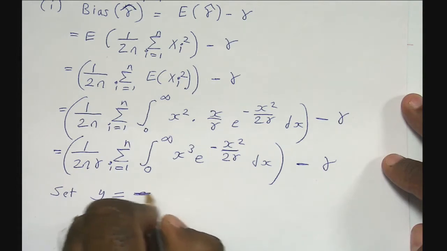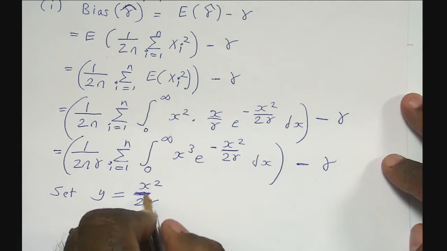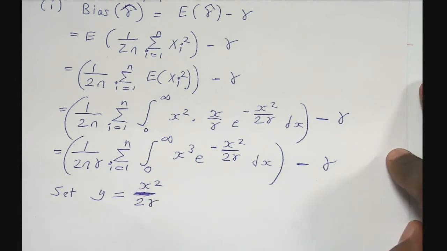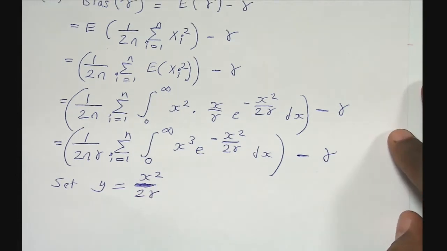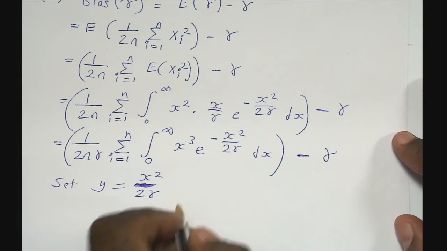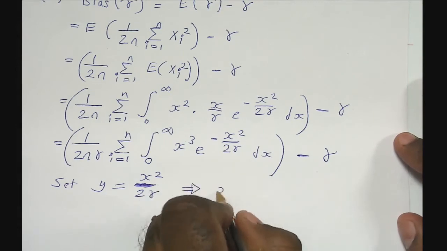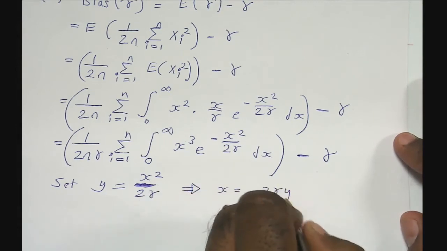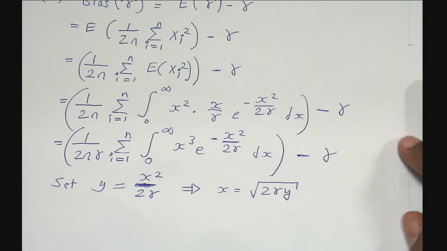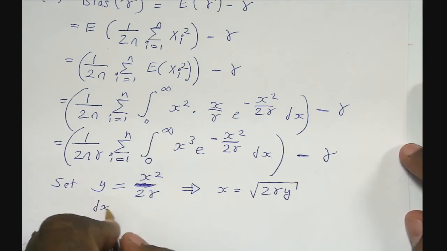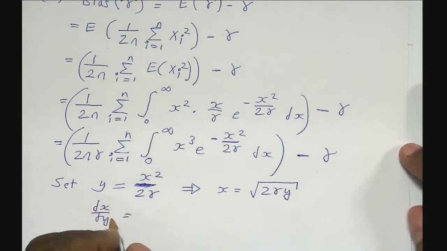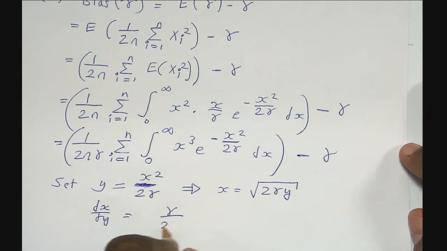Is to make the following substitution, that y equal to x squared over 2 gamma, right? So that would imply that x is equal to the square root of 2 gamma y, and dx by dy will be gamma over the square root of 2y.